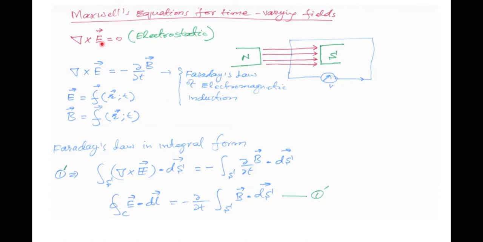So we can actually produce electromotive force in three different ways. Let us consider the figure. In the figure we have shown a north and south pole, and there is a loop having a voltmeter, galvanometer.